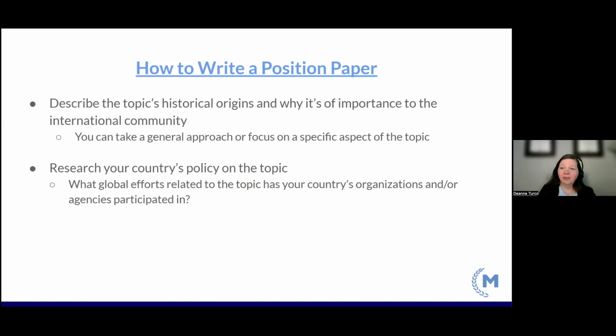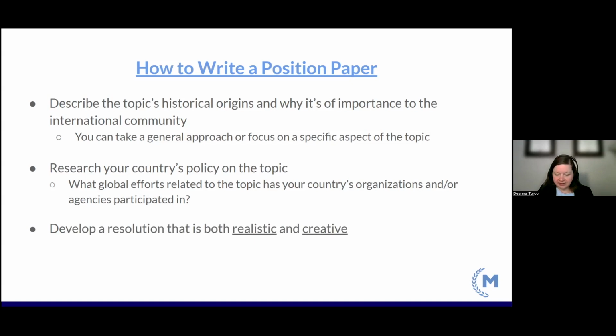They could be part of any sort of group, whether it's a continent or a similarly situated peaceful group, whatever it is. What have they done, or what have they participated in, to move this topic from the problematic side of it to hopefully more of a resolution side of it? Because your next point is to include a resolution of the topic that's realistic and creative.